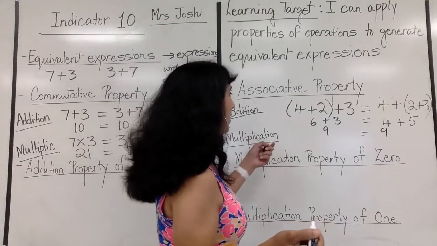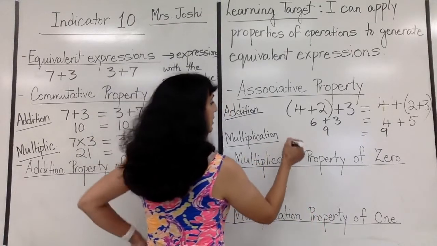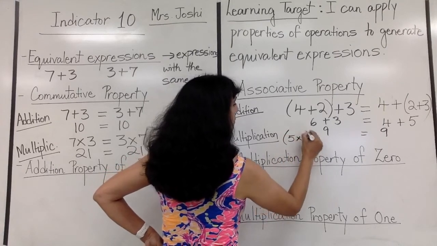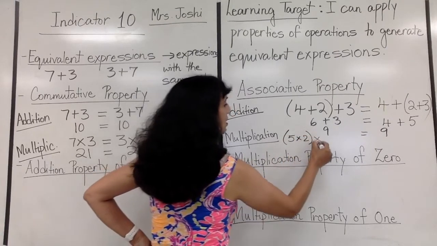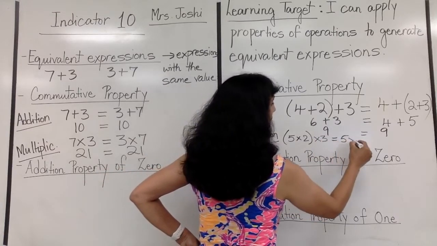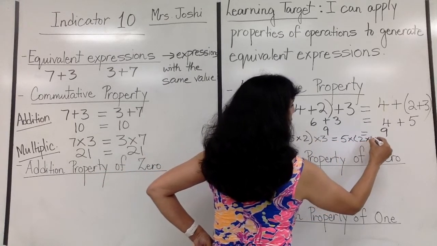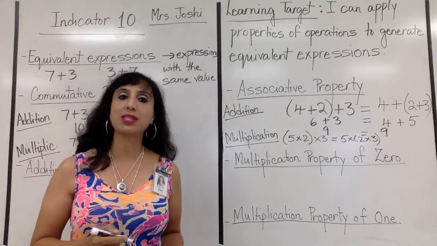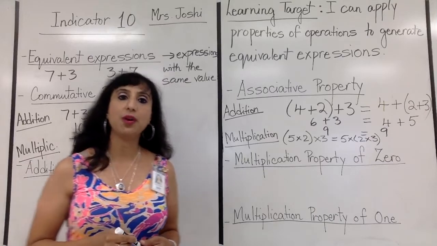Same thing with multiplication. If I write (5 times 2) times 3, or if I do 5 times (2 times 3), it doesn't matter how I group the factors, I will still end up with the same product.